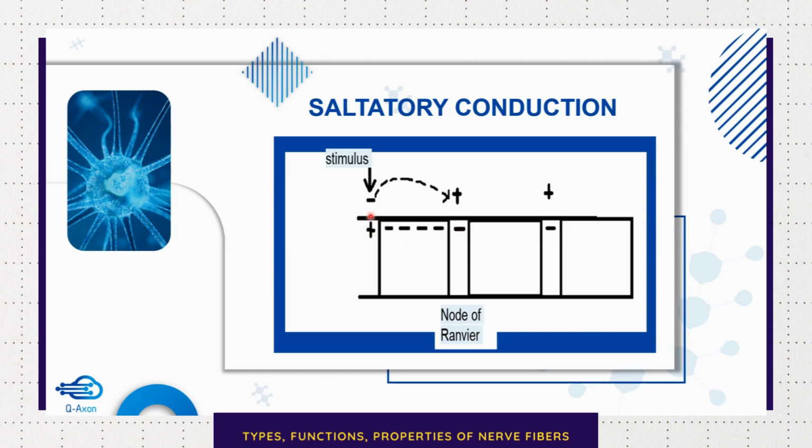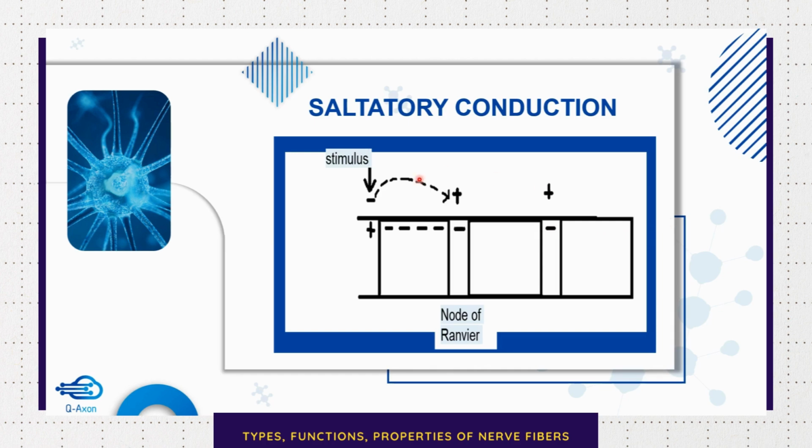So now this point would act as a stimulus for the next node of Ranvier. So this is now in resting membrane potential. Now this will start to depolarize. Now once this depolarizes, this can only stimulate the next node of Ranvier, and that depolarizes, and that is how the signal is transmitted.